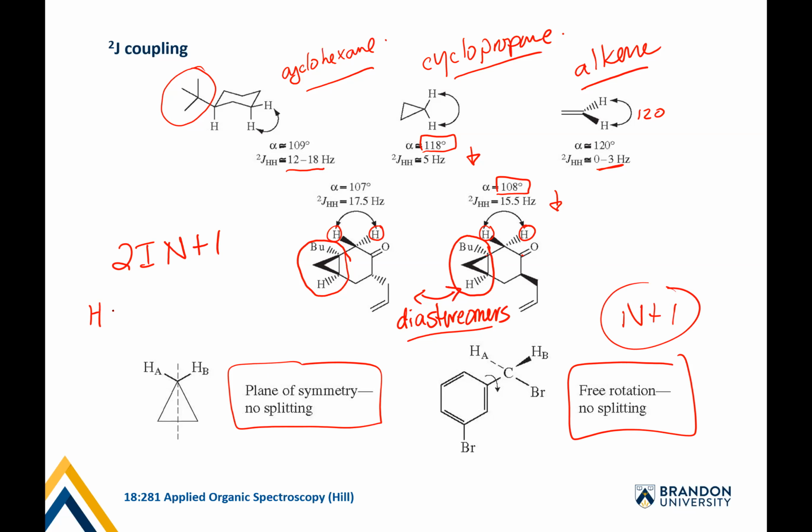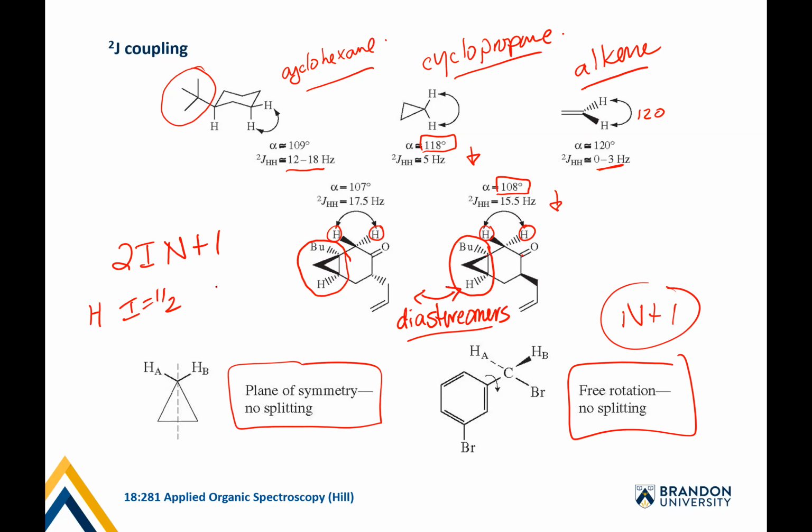Protons have an I equal to 1/2, so 2 times a half is 1. That's why this works out. But if you're using deuterium and looking for coupling, deuterium has an I of 1, so its splitting is a lot larger than that of protons. You get more multiplicities because the I is different.